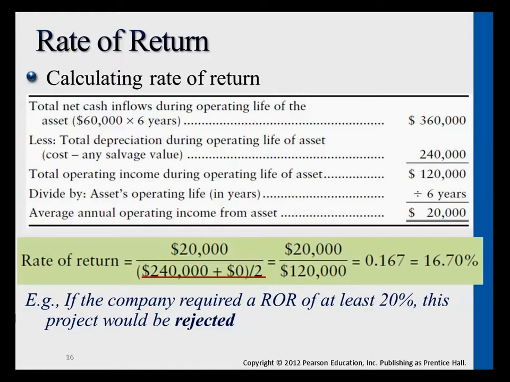Subtract total depreciation during operating life of the asset. Right? And then we divided it by the number of years, and we get our average annual operating income from the asset. And the way we find our total depreciation during that life of the asset, we take the cost and we subtract whatever we, right? But you take the net cash inflow, and you have to multiply it times the lifespan.